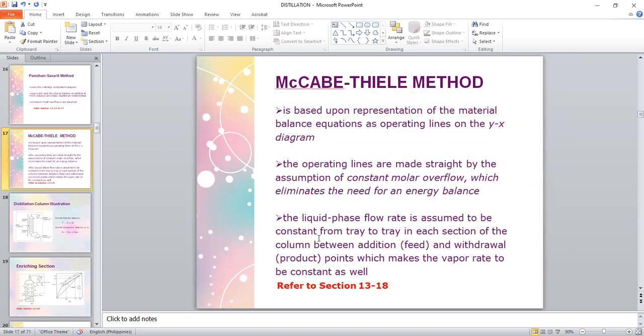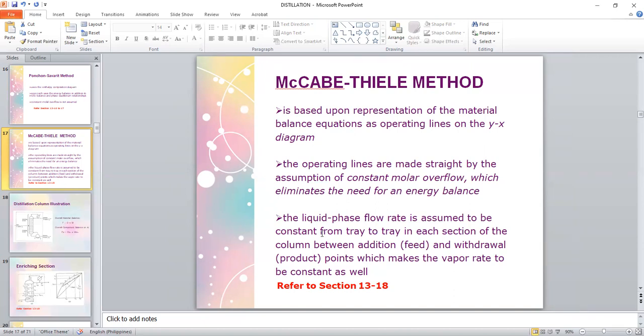Constant molal overflow assumes that the liquid and the vapor entering a particular plate or stage are the same liquid and vapor that leave that particular stage. Okay, that's the assumption of constant molal overflow. What this means is whatever amount of liquid phase or vapor phase entered or was processed by a particular stage or tray, that same amount leaves your tray or your stage.